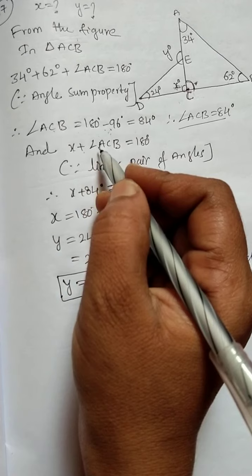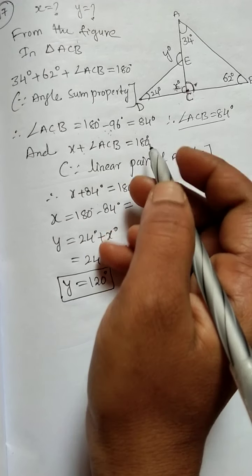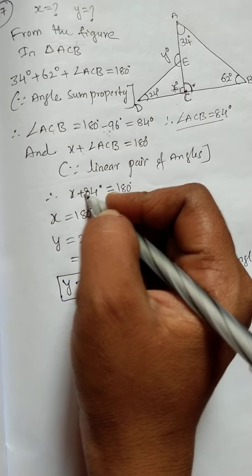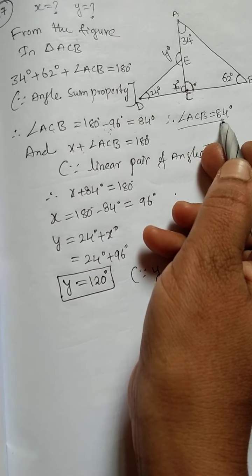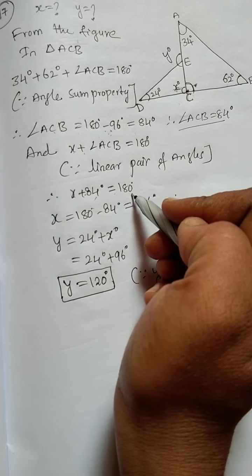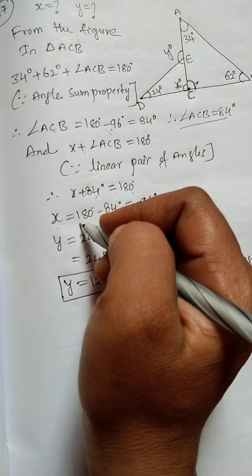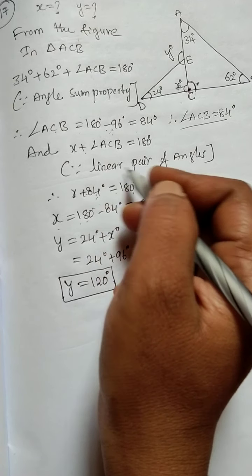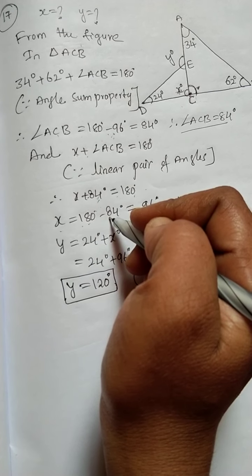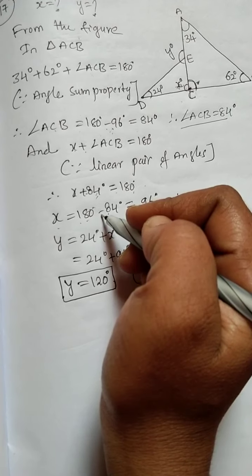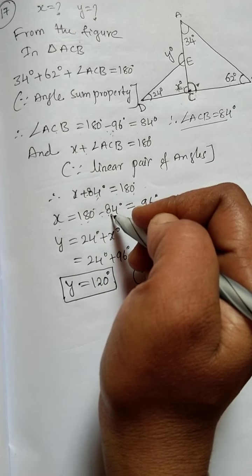So x plus angle ACB is equal to 180. Now angle ACB you already know, that is 84 degrees, so x plus 84 equals 180 degrees. So x is equal to 180, and transposing plus 84 gives minus 84.